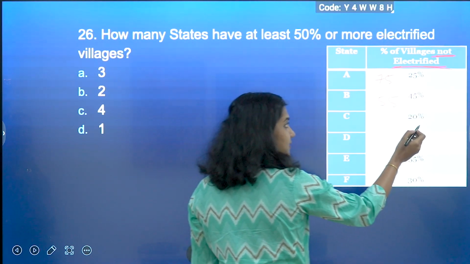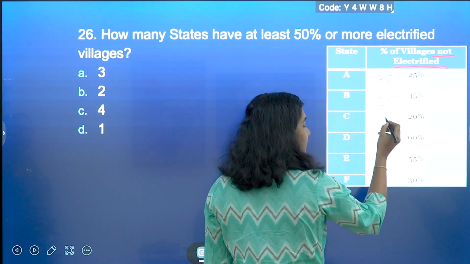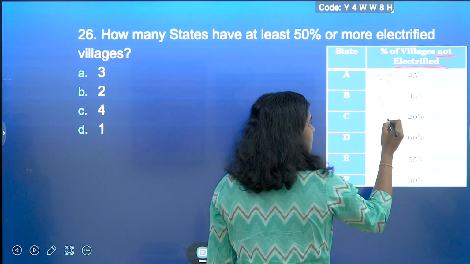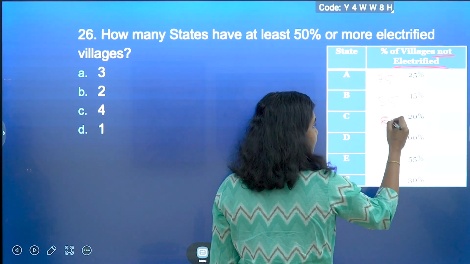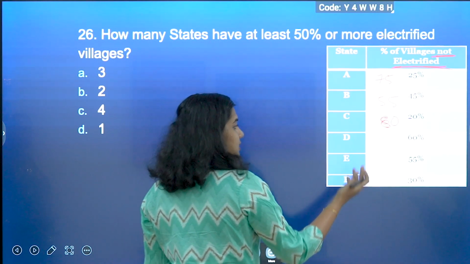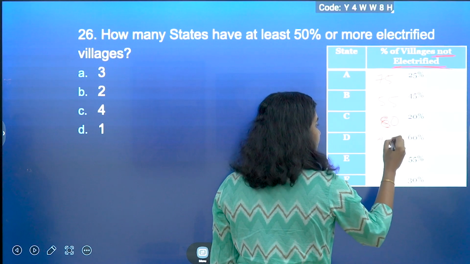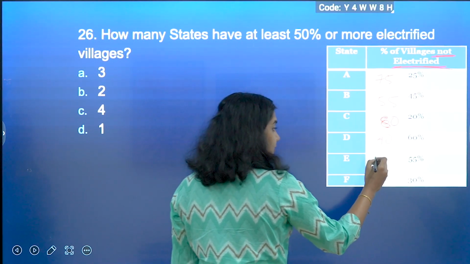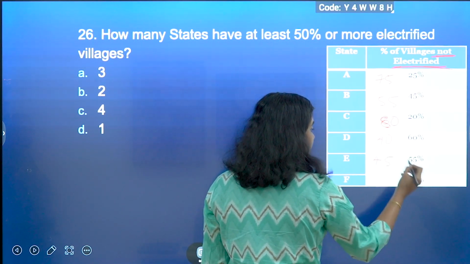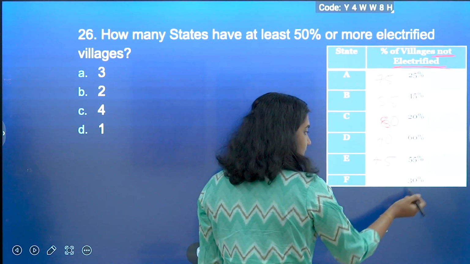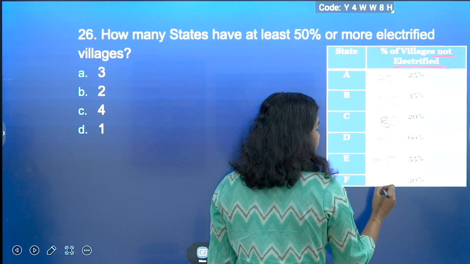If non-electrified is 20, then electrified will be 80. If non-electrified is 60, then electrified will be 40. If non-electrified is 55, then electrified will be 45. If non-electrified is 30, then electrified will be 70.